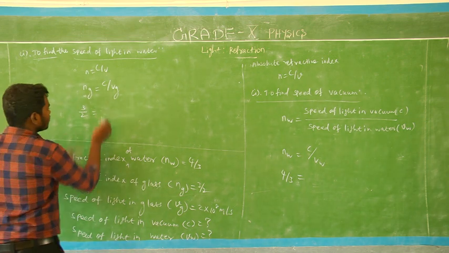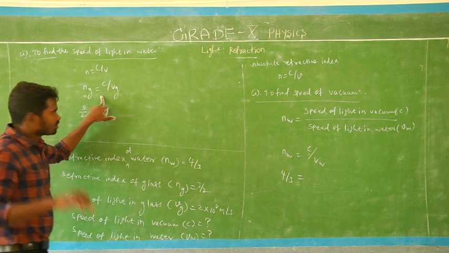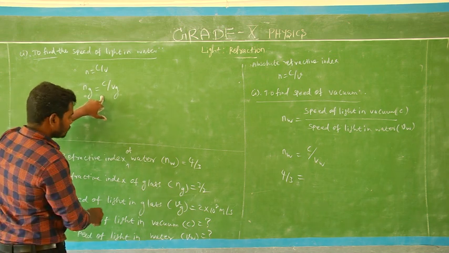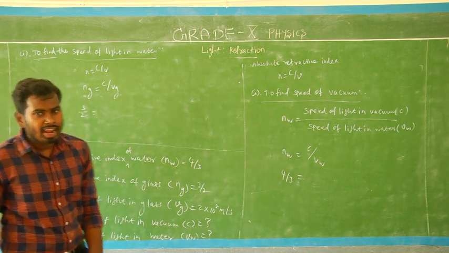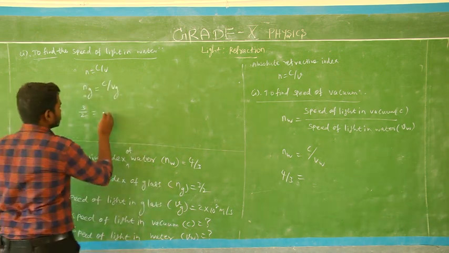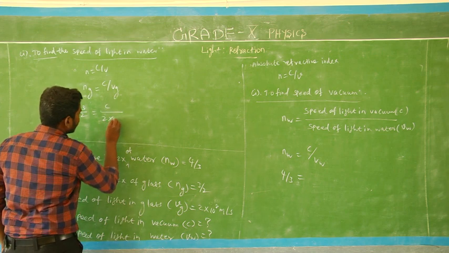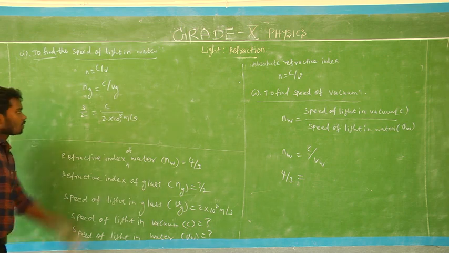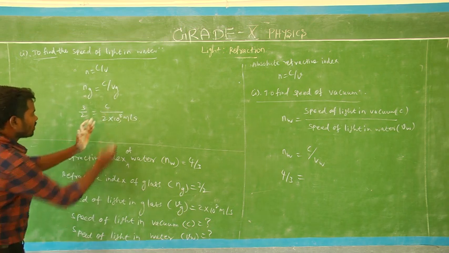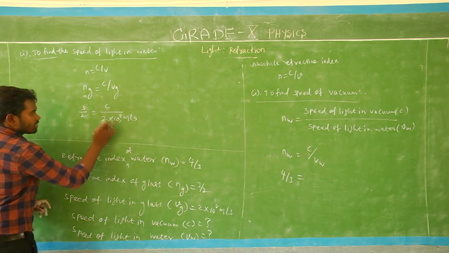Then the C value we don't know. We have to calculate the C value. So what value do we know? This value, which means the Vg value, the speed of light in glass. That value we know. So this is C divided by 2 into 10 to the power of 8 meter per second. So we need to calculate the C value. When this term comes, this division becomes multiplication.